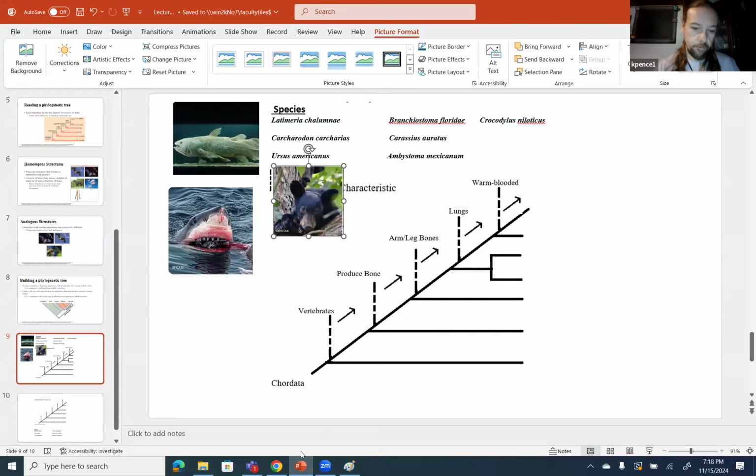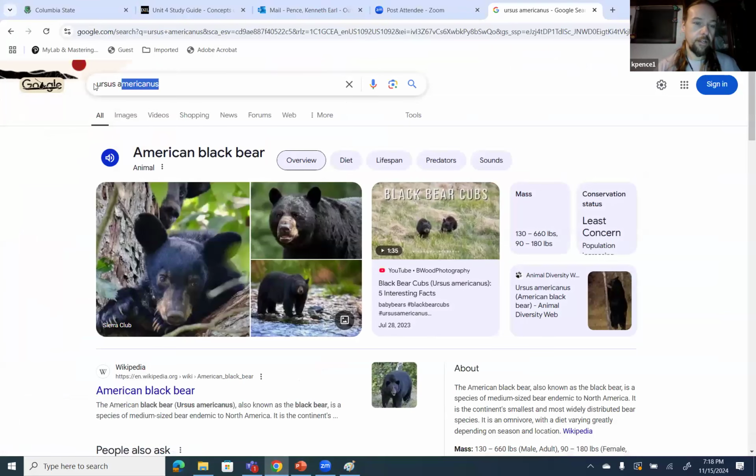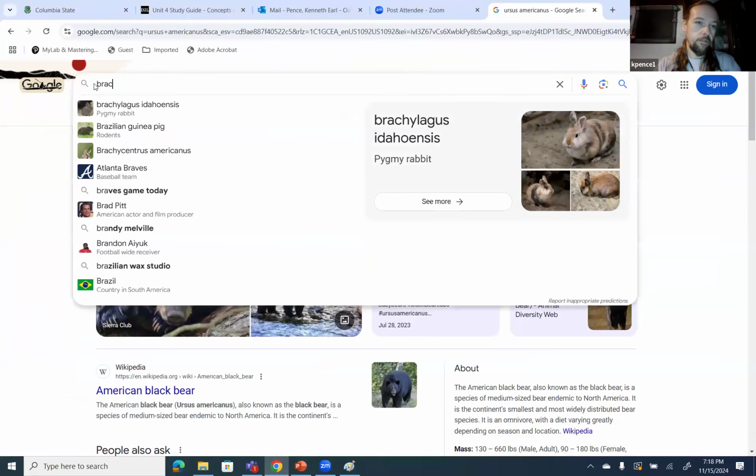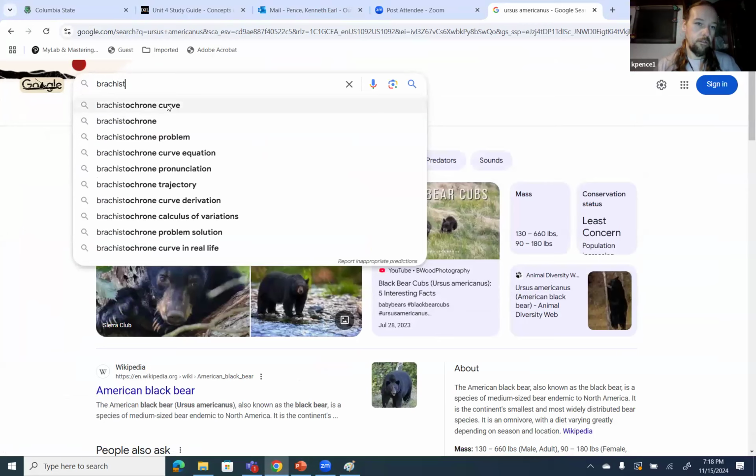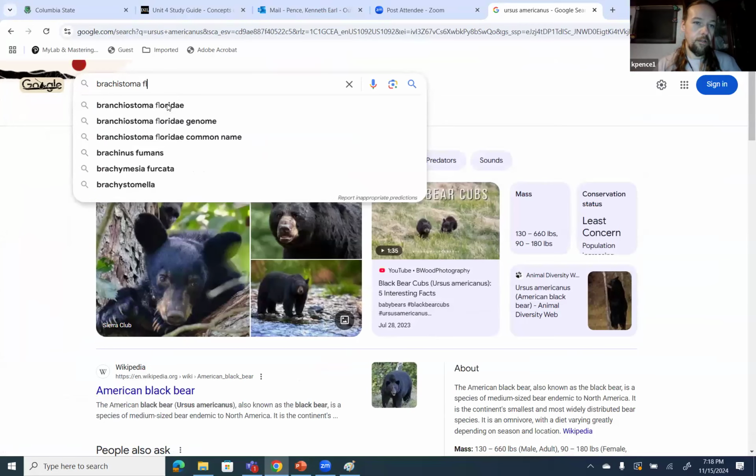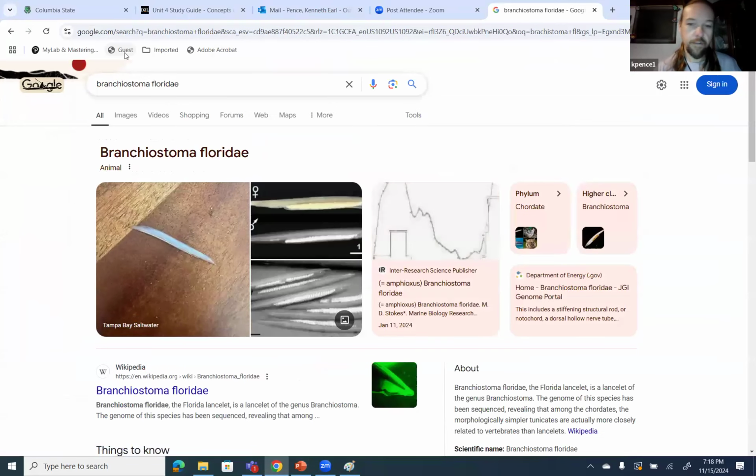Okay, Branchiostoma floridae. You might not recognize this one. So this guy right here is called a lancelet. It's kind of like a fish, but it doesn't have any bones.